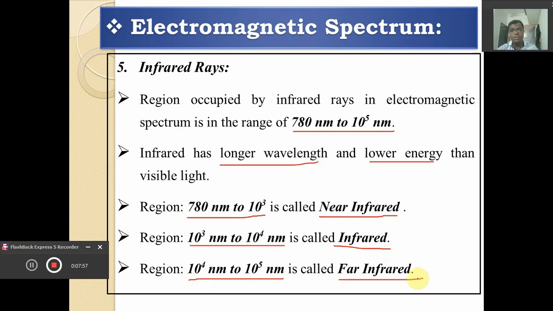So there are three sub-regions in the infrared radiations based upon the values of their wavelength.